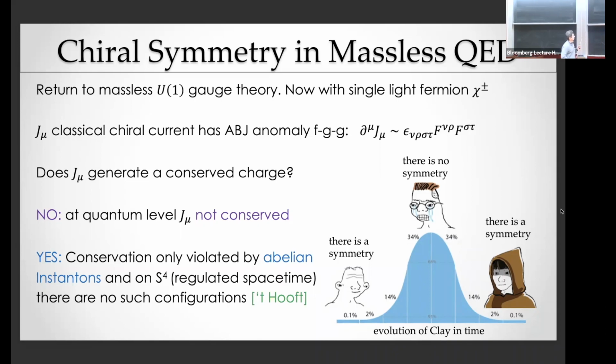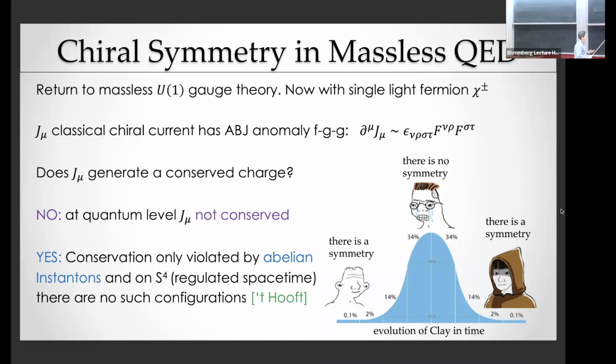And then later you learn about this triangle and you think, well, no, there's no symmetry because the current is not conserved. So now you've reached this kind of mid-width evolution, and then there's 't Hooft. 't Hooft, I think, is the one. Maybe there are others.